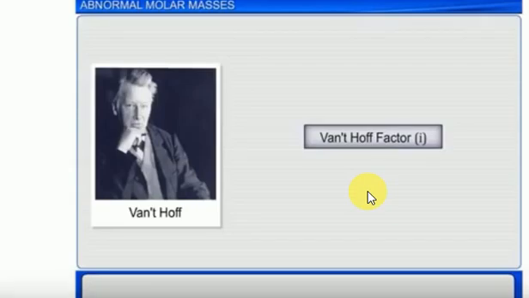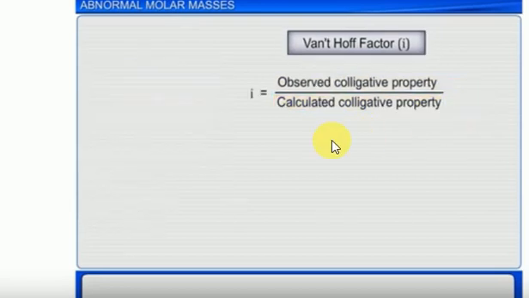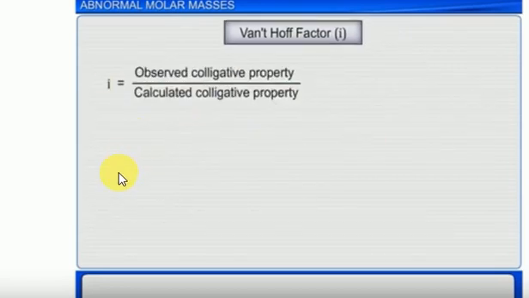Quantitatively, van't Hoff's factor i is defined as the ratio of the observed colligative property to the calculated colligative property. Thus, i equals the observed colligative property divided by the calculated colligative property.